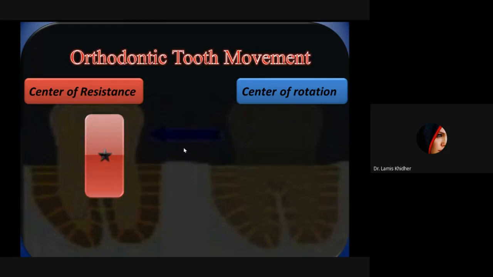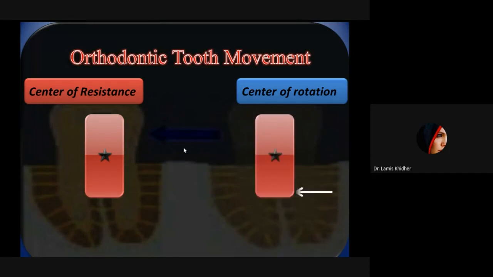So this point represents the center of resistance for this mass. While if the force is applied at any other point of the body, not passing through this center point, what will result? It will result in rotation of the tooth in space and not move it as a whole.